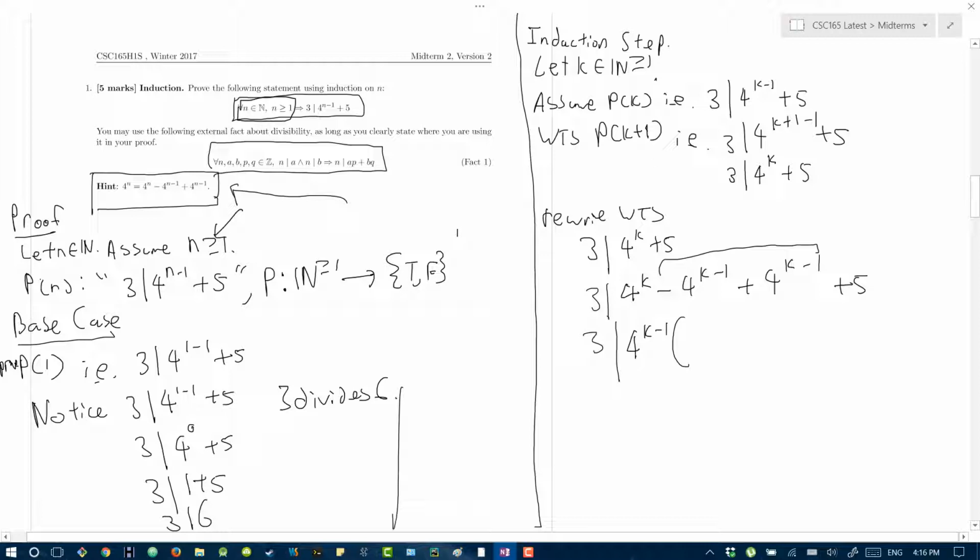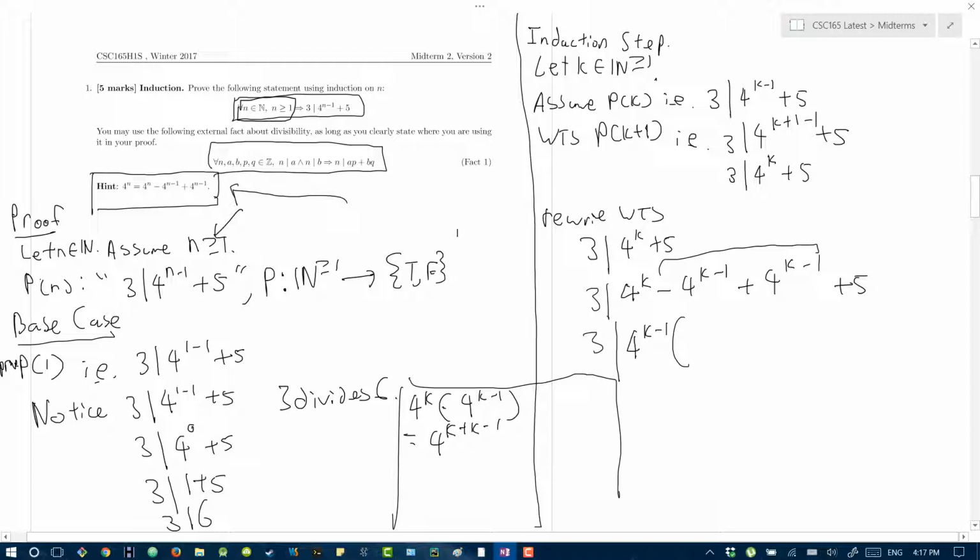So let's just look at something here. If you have 4^k, times, if you have 4^k times 4^(k-1), that is equal to 4^(k+k-1).